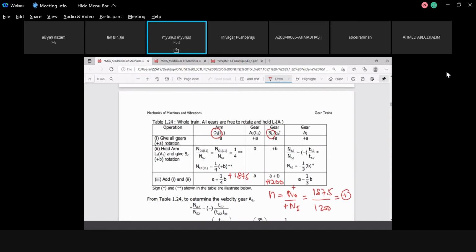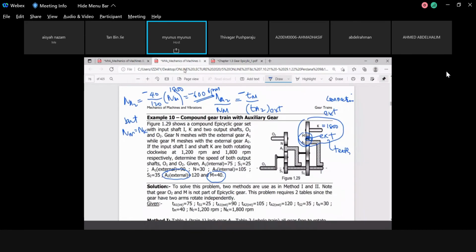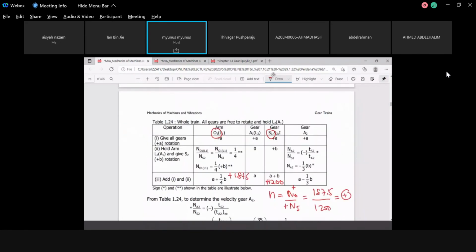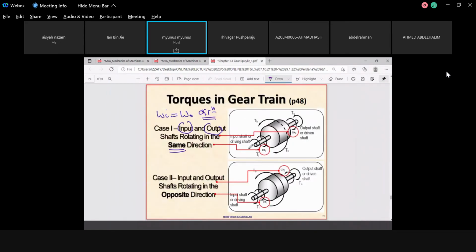So that is the meaning of it. Again, the pull down menu is giving problems here. It's supposed to be hiding, but unfortunately it is not hiding. Okay, now it's hiding. So this one, omega I and omega O running in the same direction.